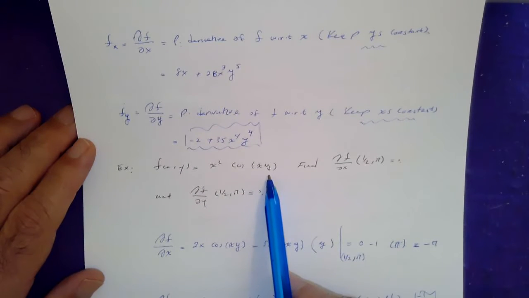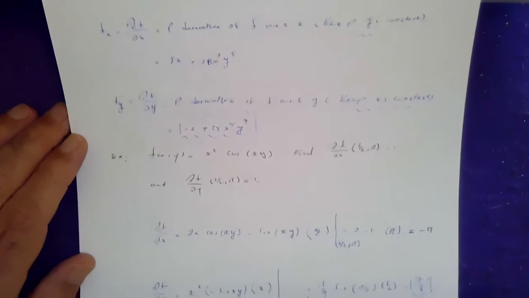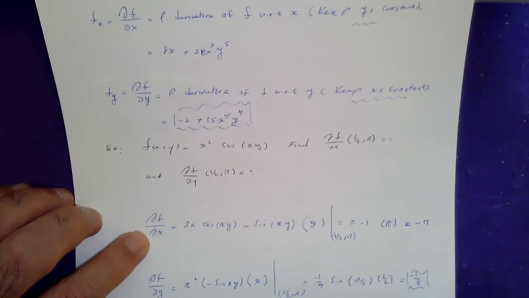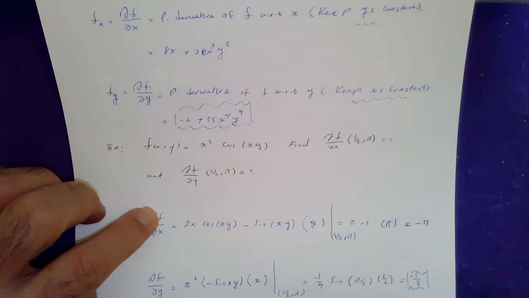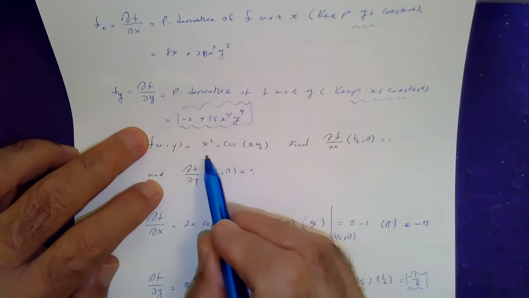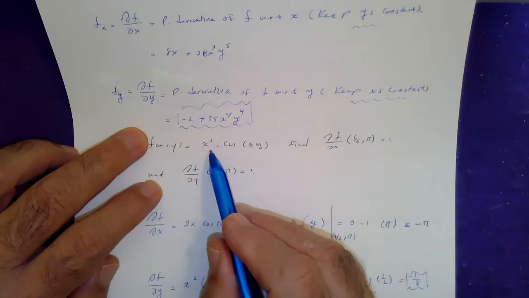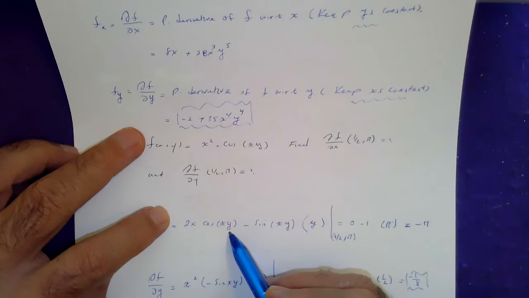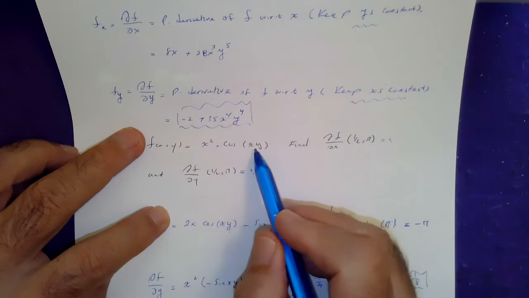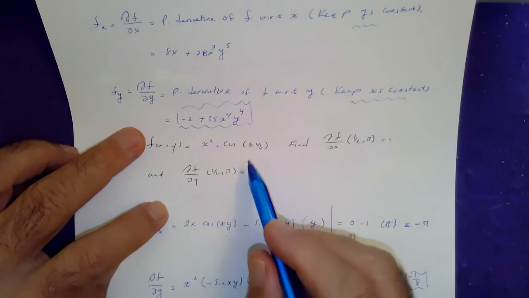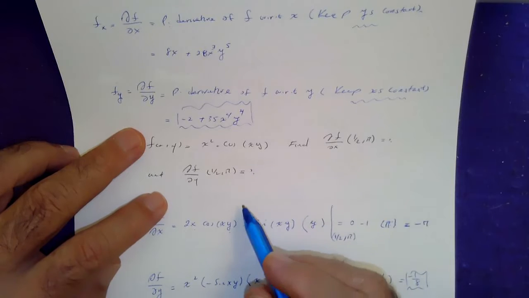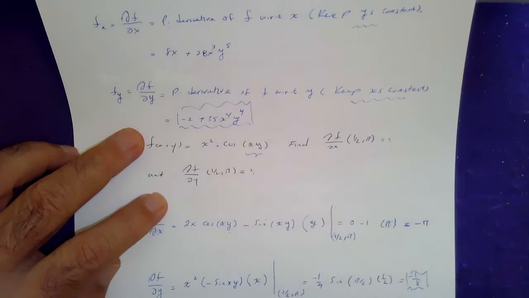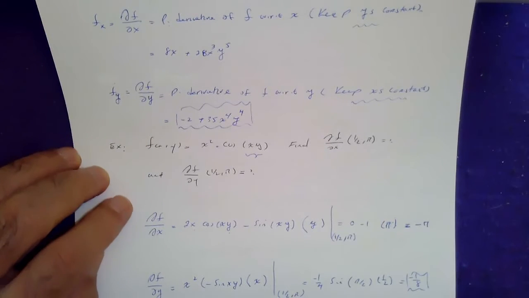Sometimes y happens to be part of the argument of a trig function, so you have to be very careful how to evaluate these. To find the partial derivative of f with respect to x, I need to use the product rule. The derivative of the first factor with respect to x is 2x times cosine of x y, plus the derivative of cosine, which is minus sine of x y, times the partial derivative of x y with respect to x.